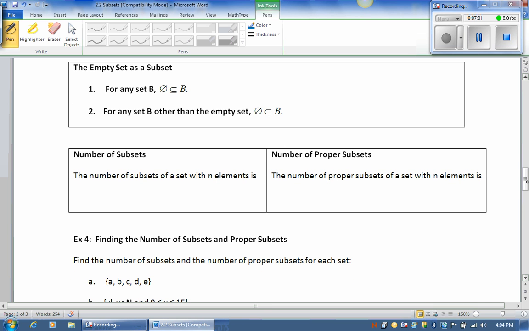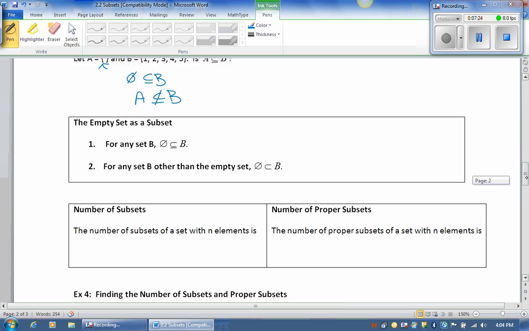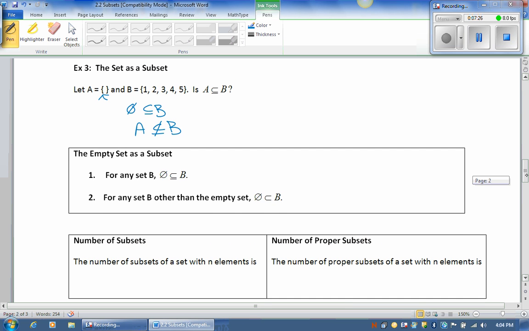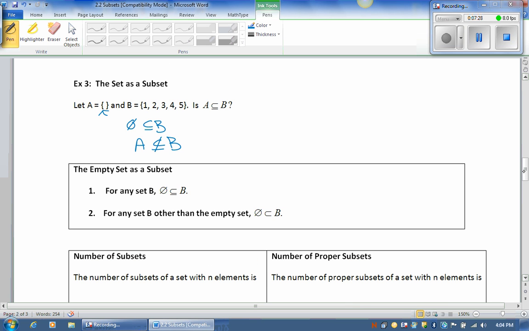So for any set B, the empty set is an element of B. For any set B other than the empty set, it's a proper subset of B. So don't worry too much about that. Okay? I'm sorry, I said that backwards. The empty set is a subset of every set. So I'll say that again. The empty set is a subset of every set.